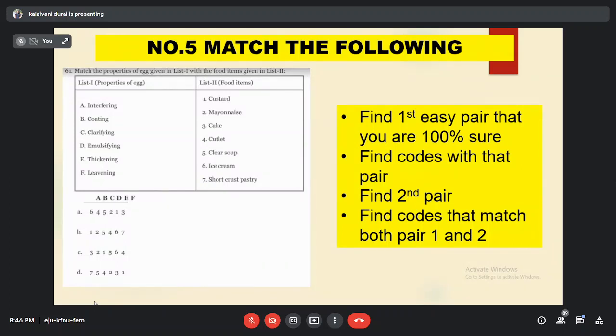Okay, interfering I don't know, coating yeah maybe, clarifying not much, emulsifying I know this very well, then thickening okay, leavening okay, but not much I know. But emulsification मुझे लग रहा है कि it is something that I know very frequently, I read very frequently. So emulsifying से related जो food item होगा, that I'll try to find out.